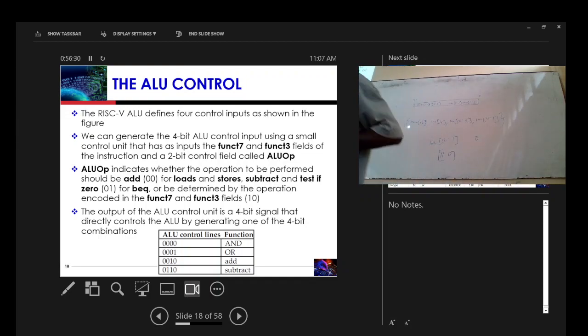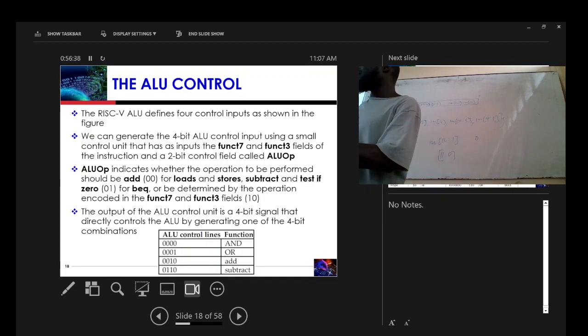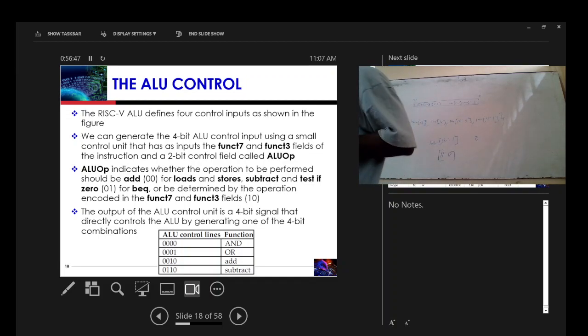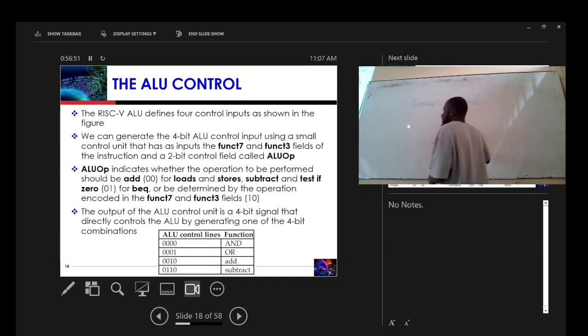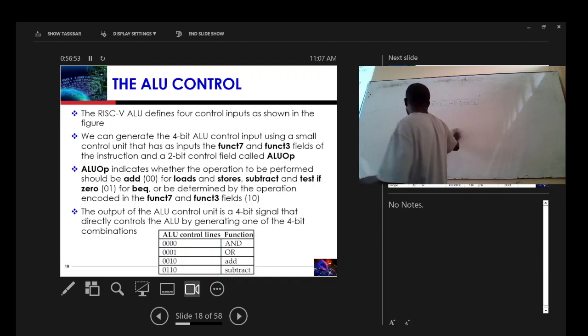All of this is your choice. You are designing, and this is how I've decided to design it. Understood? So now, how do we generate these signals: 0000, 0001, 0010 and 0110?